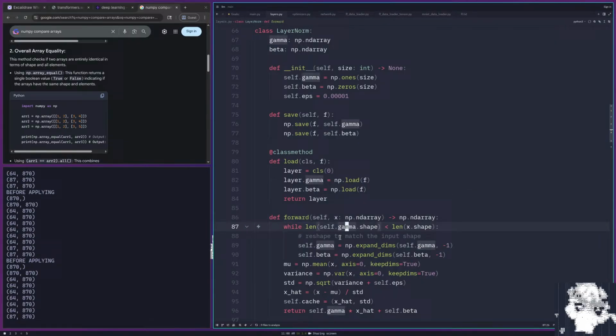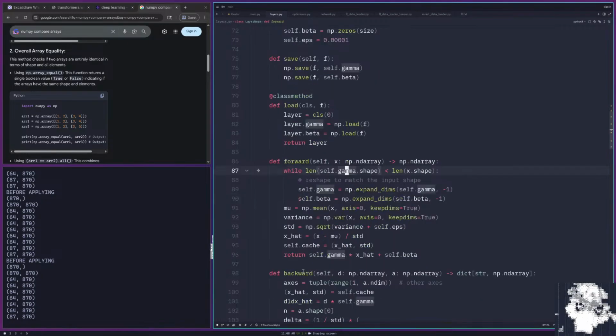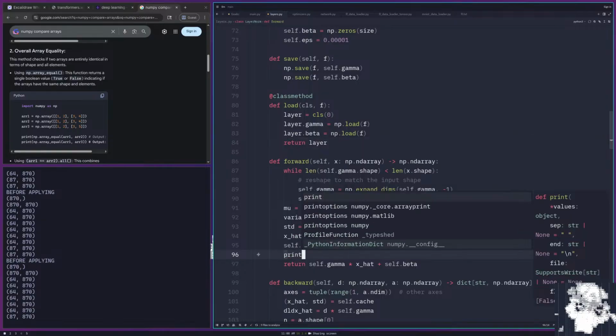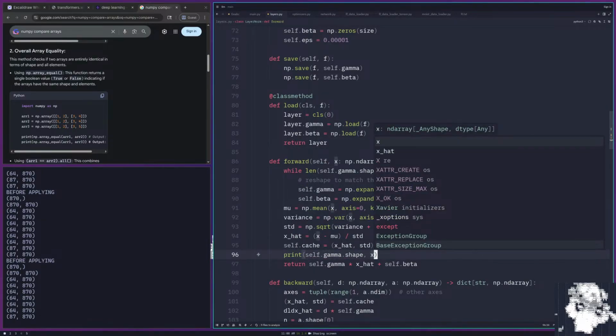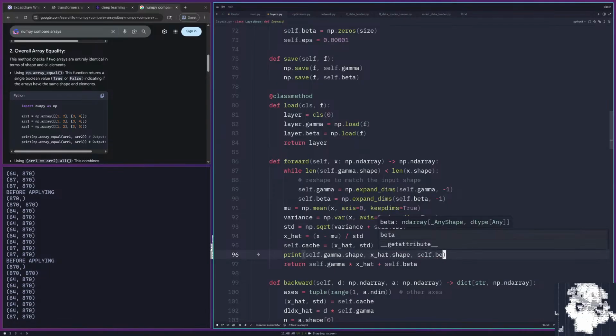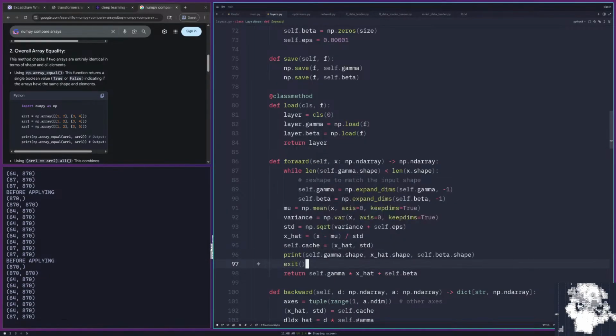Is it because we're adding dimensions? How about right at the end, print self.gamma.shape, x hat.shape, self.beta.shape, and then just exit.